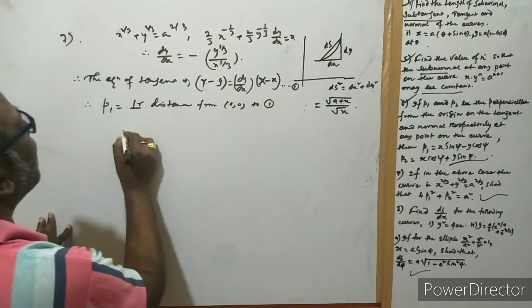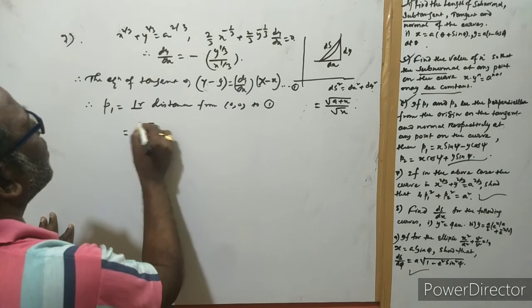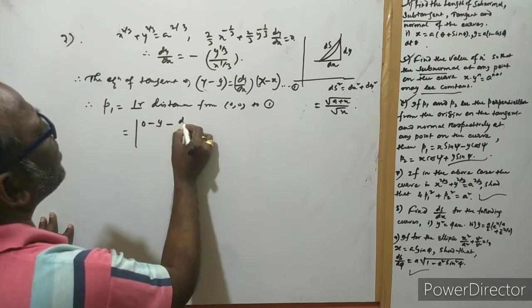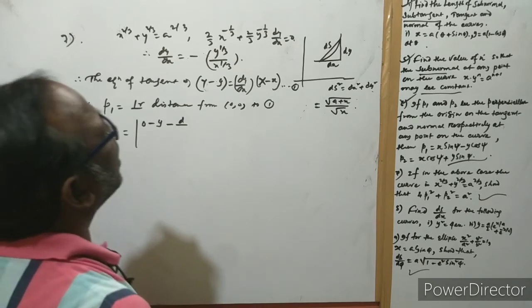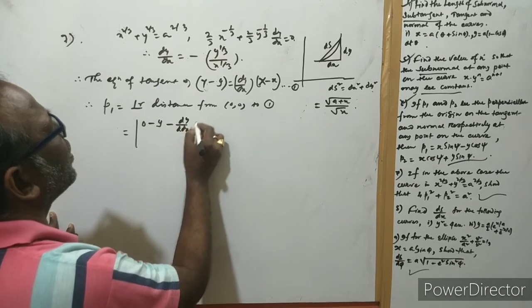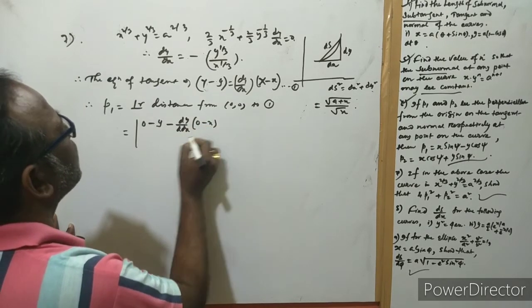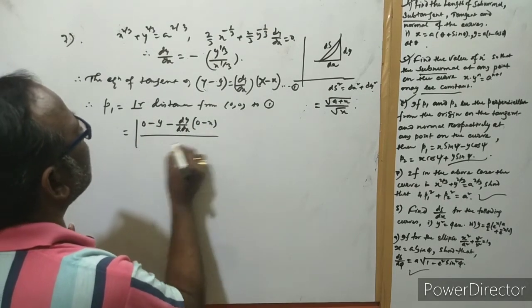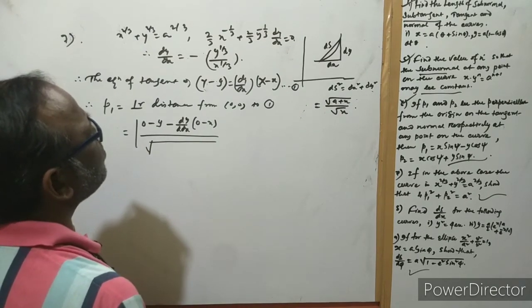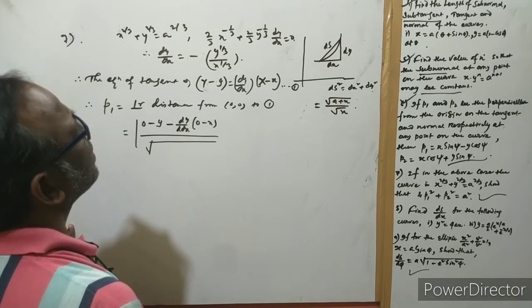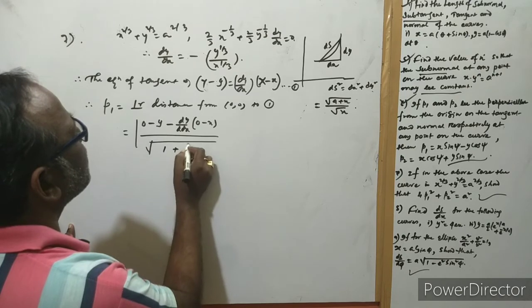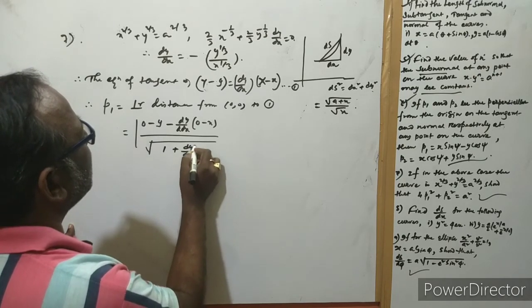Therefore this is mod of (0 minus y minus dy/dx into (0 minus x)) by under root of 1 square plus (dy by dx) whole square.